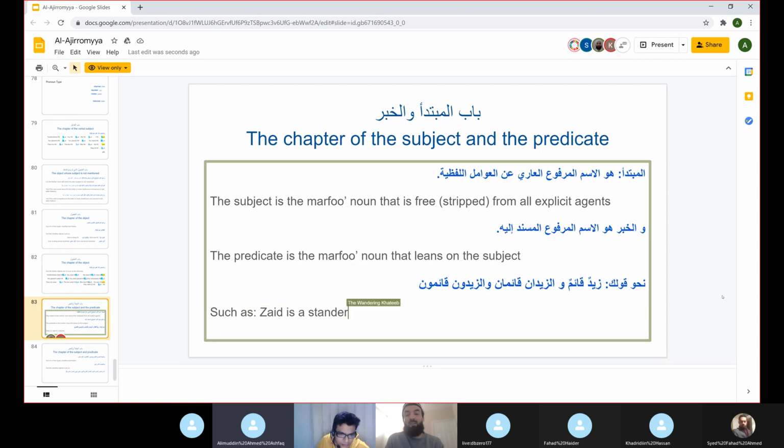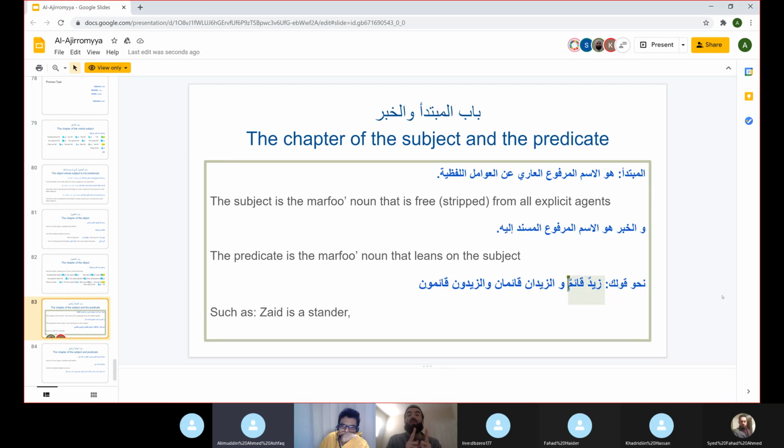So such as Zaidun qa'imun. The first example that he gives is for a singular subject and singular predicate. One of the things about the subject and the predicate is that the quantities need to match.